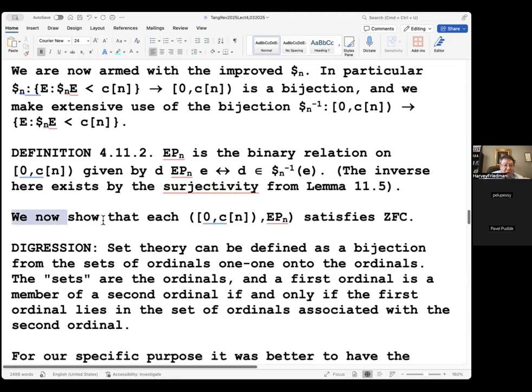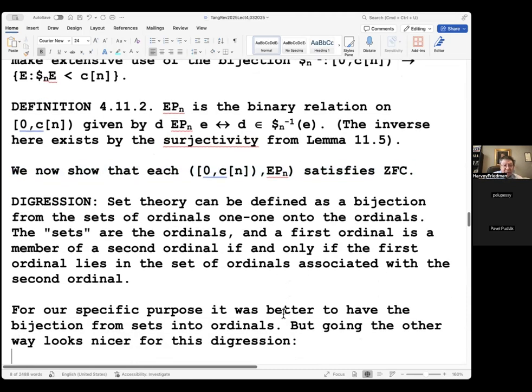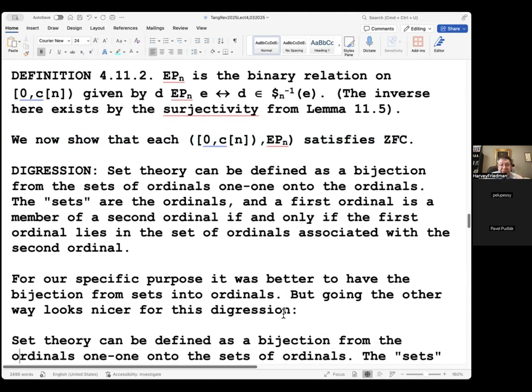Now, we're going to show that each one of these things satisfies ZFC. So this is already something worth pointing out in just pure set theory. So I'm going to make a digression here, maybe a memorable digression. Set theory can be defined as a bijection from the sets of ordinals one-to-one onto the ordinals.